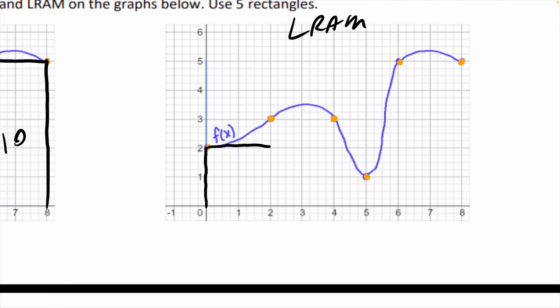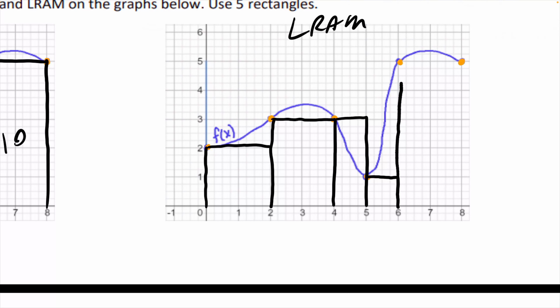And it's going to go to the next dot. My next rectangle is going to go up to 3, over to the next dot. My next rectangle is going to go over 1. My next rectangle is going to go over 1. And then my last rectangle is going to go here. Every rectangle is touching the blue on the top left.